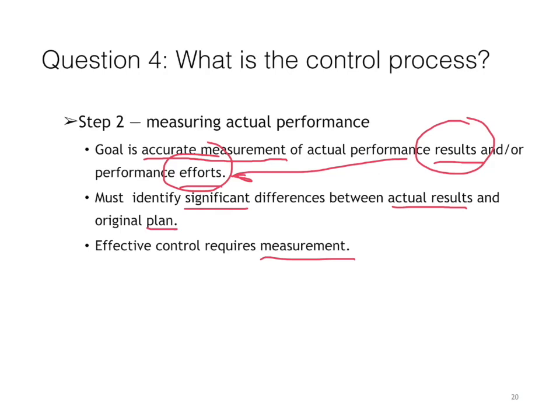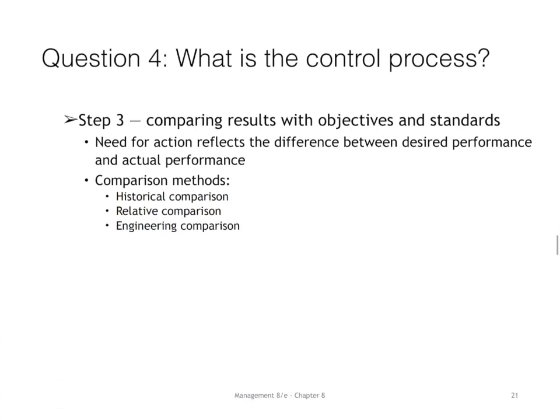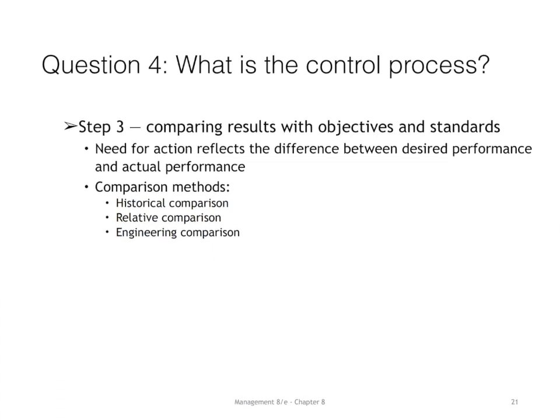And then we go to step 3 about comparing. How do we compare result with objective, result with standard? In this step, we need action that reflects the difference between desired performance and actual performance.